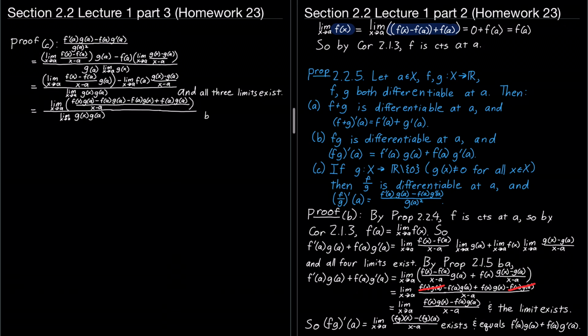This is true by proposition 2.1.5a, because we can combine sums. We've got some cancellation going on here again. And our f of a, g of a terms cancel out with each other. And now what we're going to do is use part C of 2.1.5. Now, g is not allowed to be 0 anywhere.